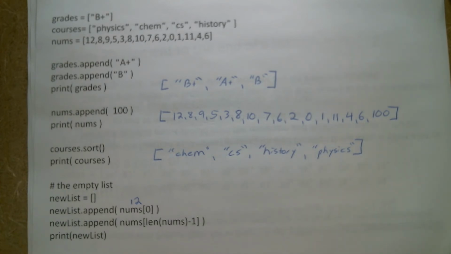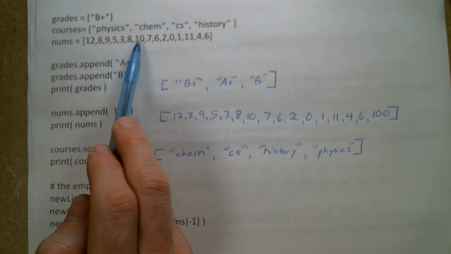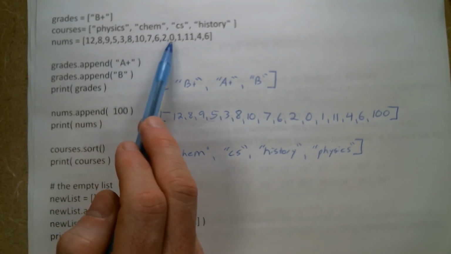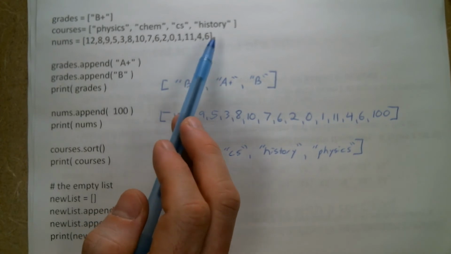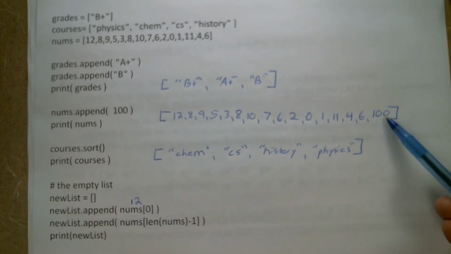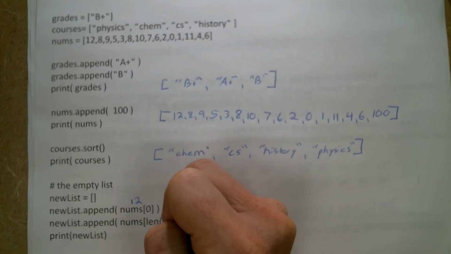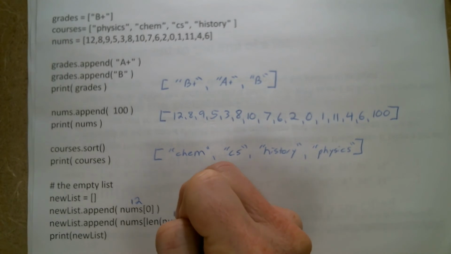Well, there's 1, 2, 3, 4, 5, 6, 7, 8, 9, 10, 11, 12, 13, 14, 15. But then we added this 100 in this step. So there's really 16 elements in our list. So length of nums minus 1 is basically doing 16 minus 1.